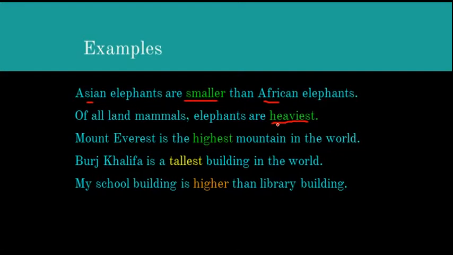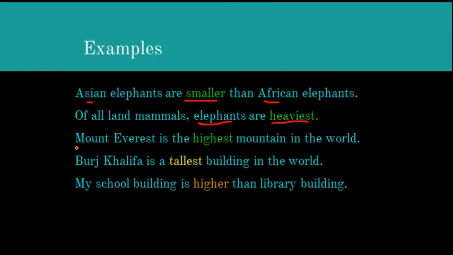And in this sentence, elephants are heaviest in the whole mammal group. I hope you know the mammal group includes humans, dogs, elephants, and dolphins. So the speaker is comparing elephants with all members of a group. That's why it's necessary to use the superlative degree.